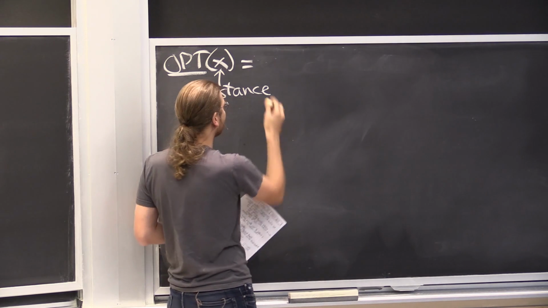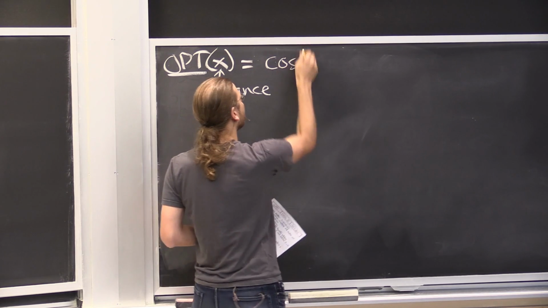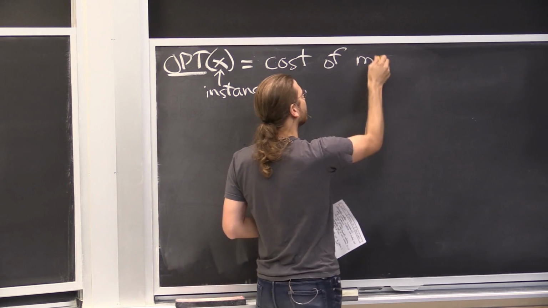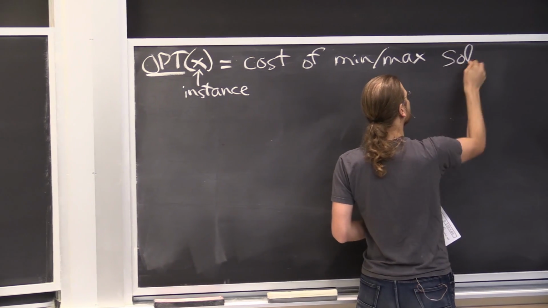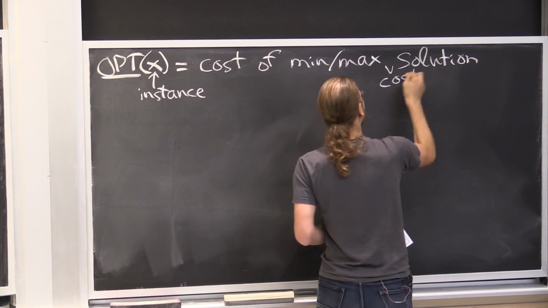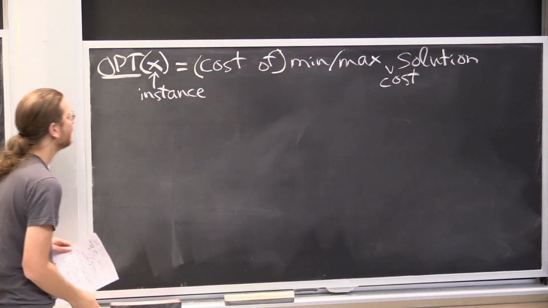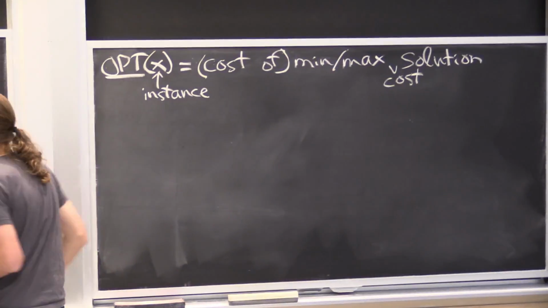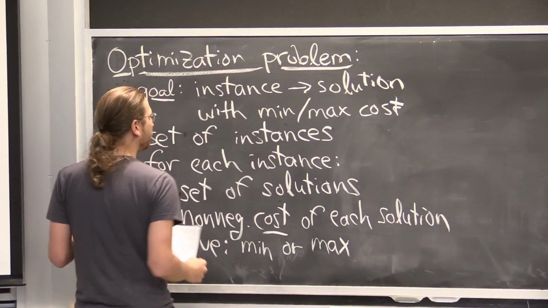It's going to be the cost of a min or a max cost solution. And it's also going to be such a solution itself sometimes. And yeah, cool. So this is sort of the usual setup.